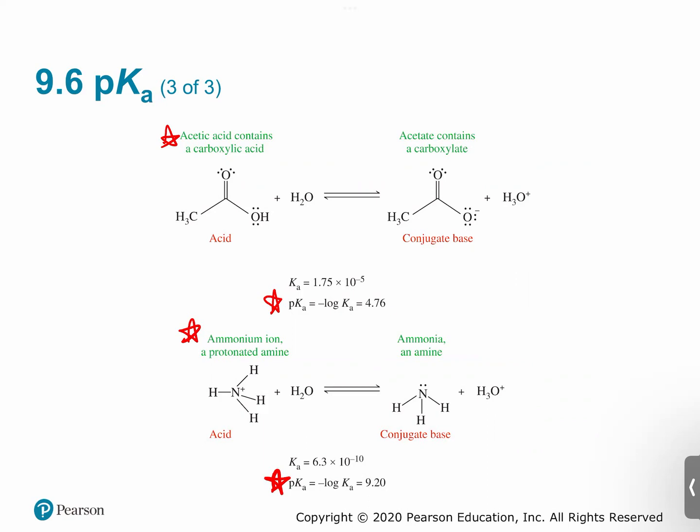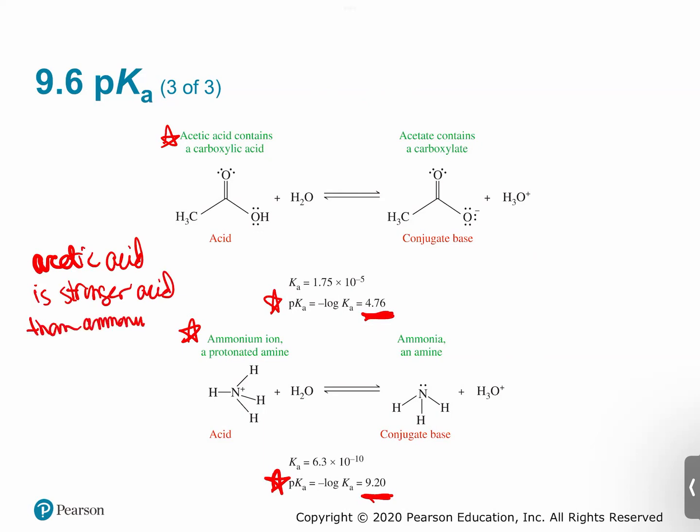So you have a pKa of 4.76, where you have acetic acid, and a pKa of 9.20, where you have the ammonium ion. And so you know that acetic acid is a stronger acid, or it's just stronger than the ammonium ion, in general.